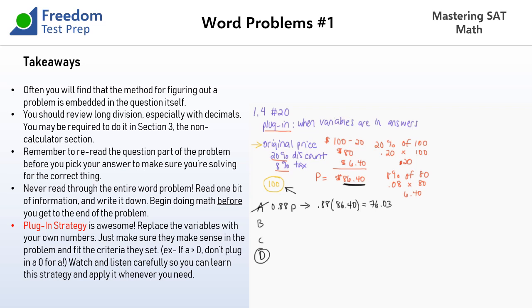In other words, if you didn't do the plug-in strategy, and you're just going to try to use logic to solve this problem, you'd probably get it wrong because it just doesn't seem like it makes that much sense. But when you do the math, it works. So plug-in strategy is a very, very strong strategy when you have a more difficult problem and there are variables in the answers.